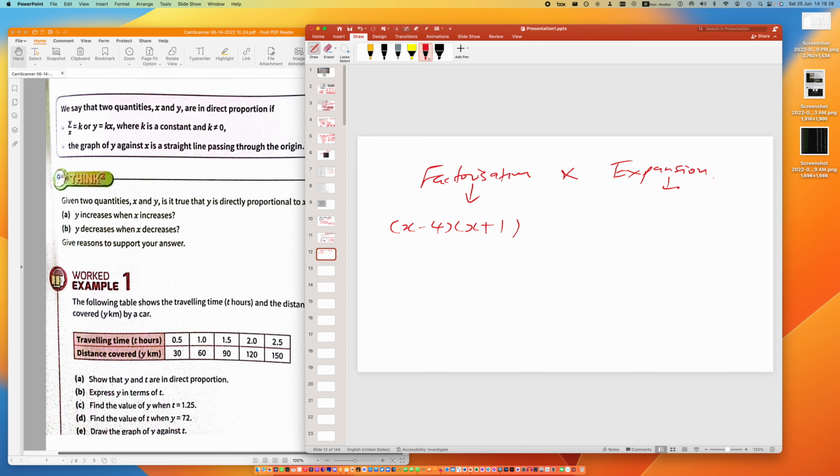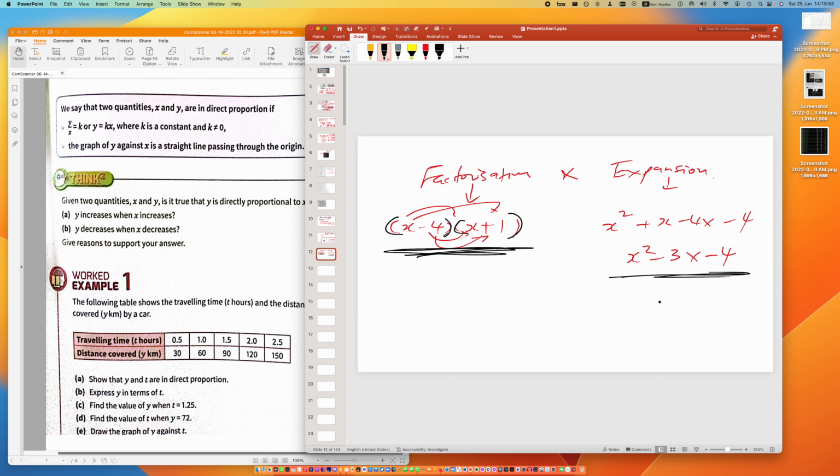What is expansion? You open the bracket, and then you end up with this. So this is factorization with brackets. This is expansion without a bracket.